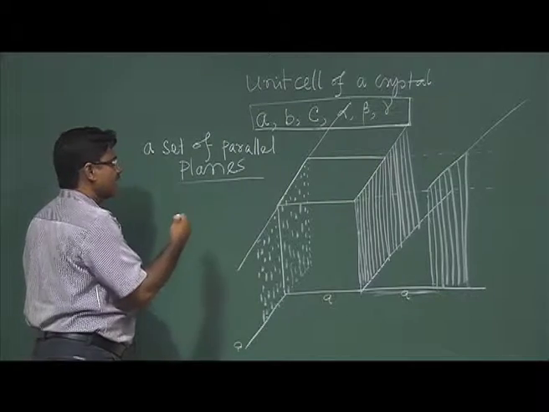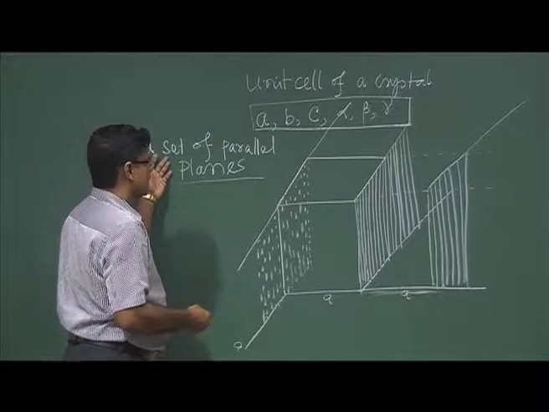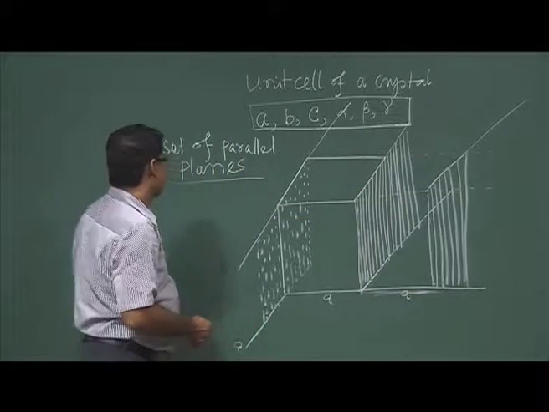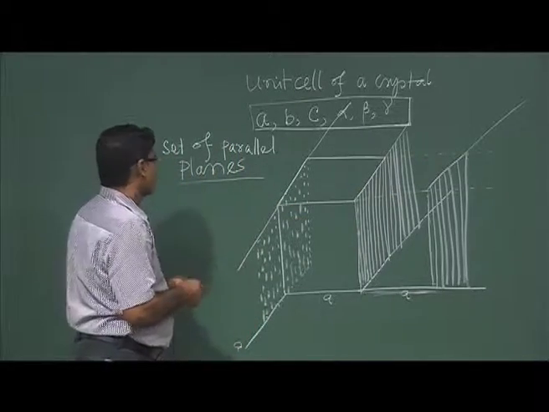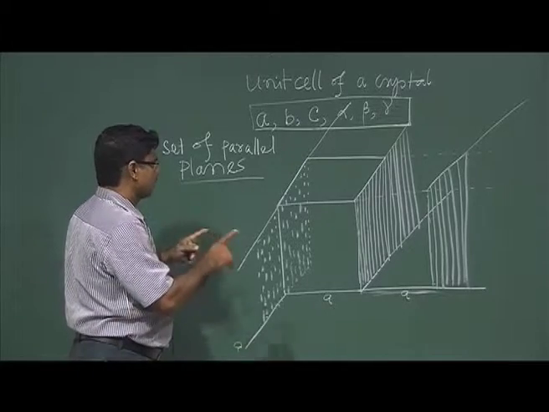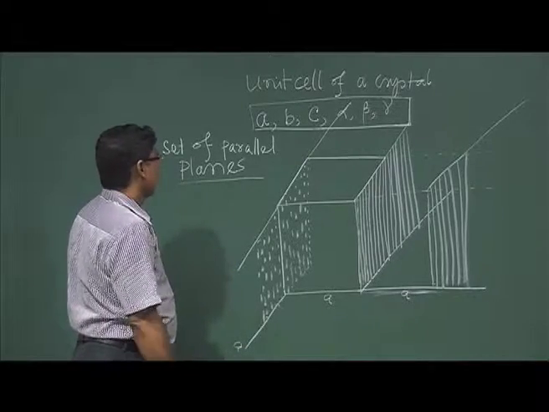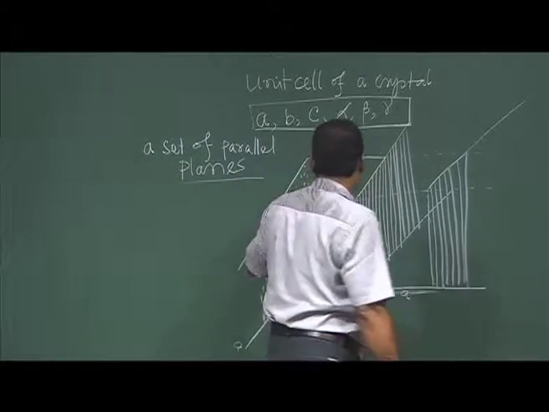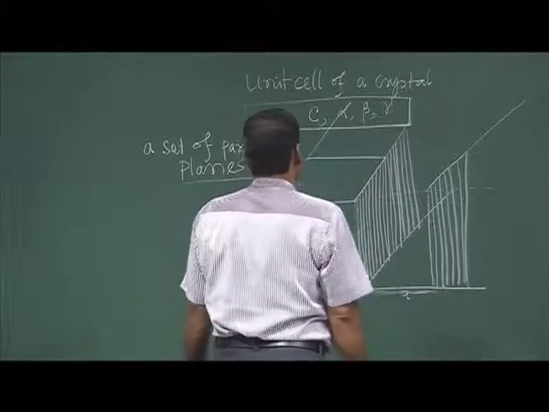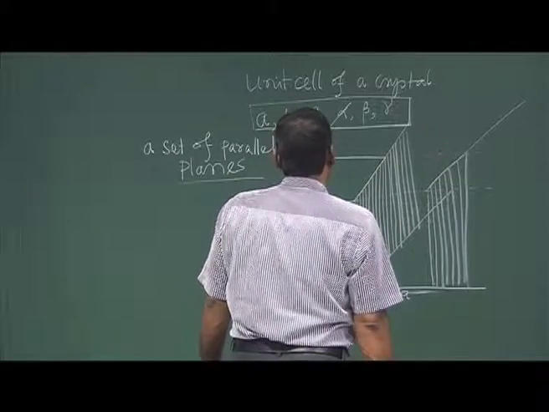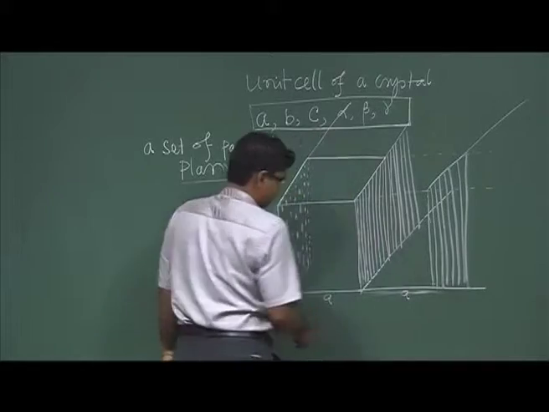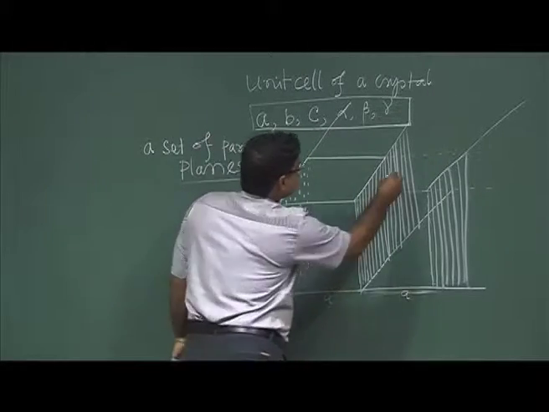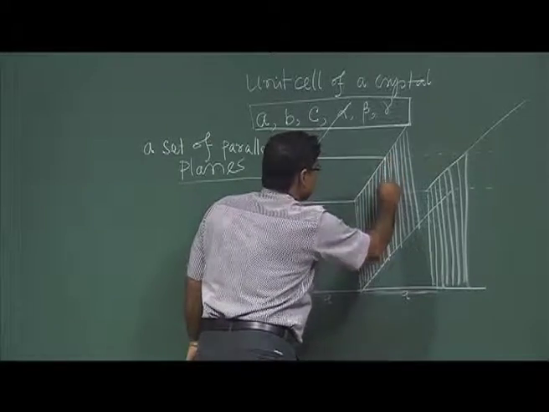If I give one name to this plane, it represents this set of parallel planes which are equidistant from each other, the interplanar distances are the same. Okay. So, this is one set of parallel planes. There are other sets of parallel planes.